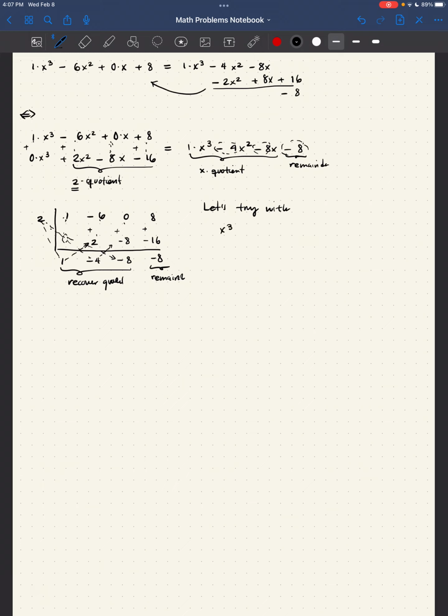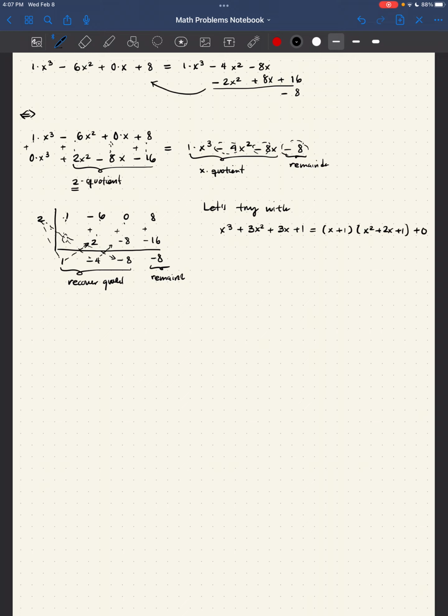x cubed plus 3x squared plus 3x plus 1, which we can verify is equal to x plus 1 times x squared plus 2x plus 1, plus 0.